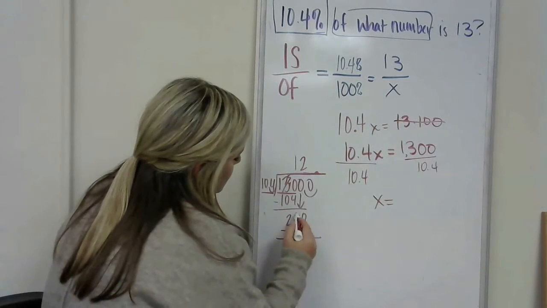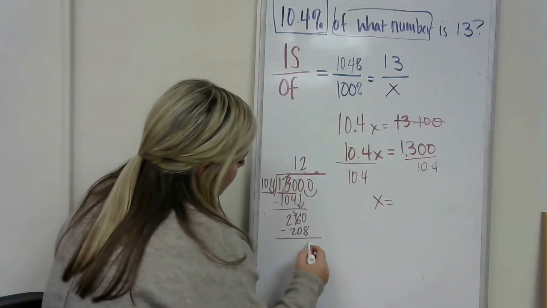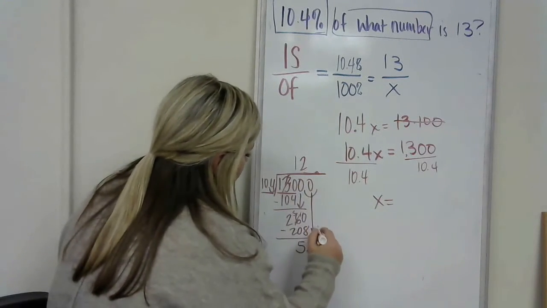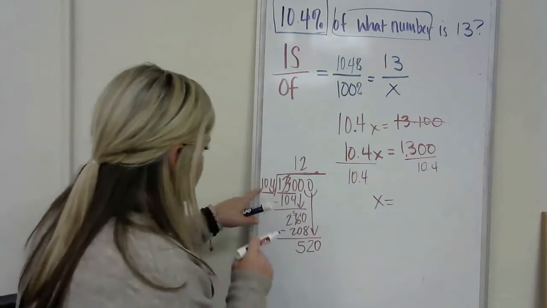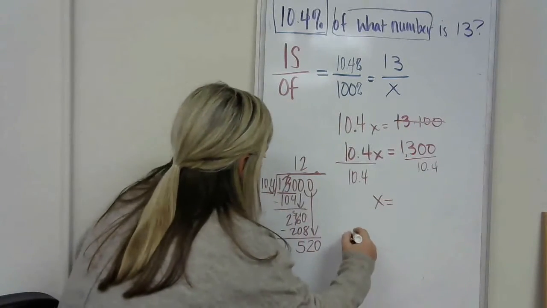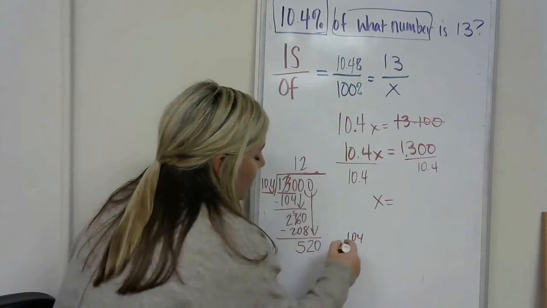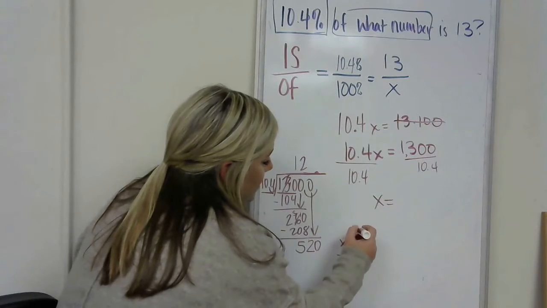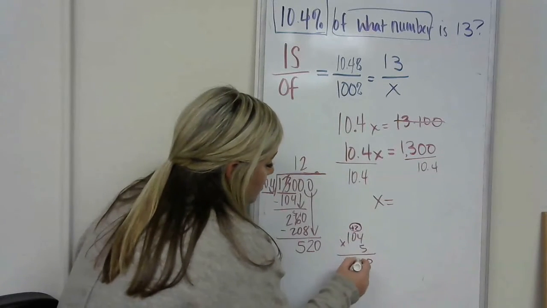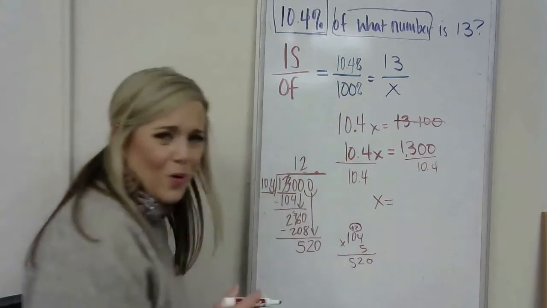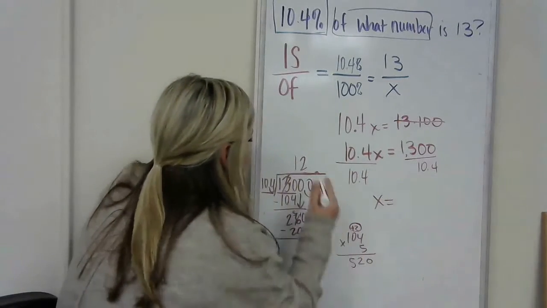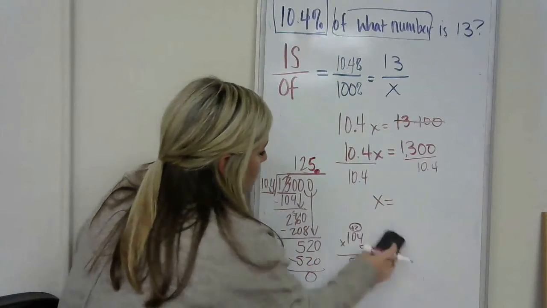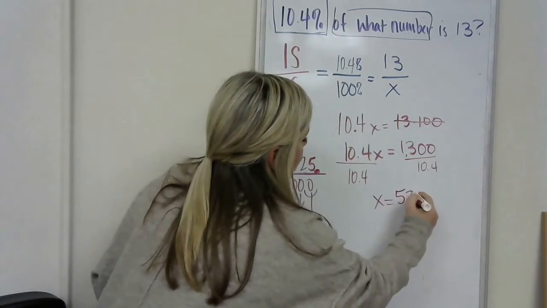I'm going to bring down another 0. 104 times 5, because this is 500. 4 times 5 is 20. 0 times 5 is 0 plus 2 is 2. Oh, I guessed right. 520 fits perfectly. So x equals 520.